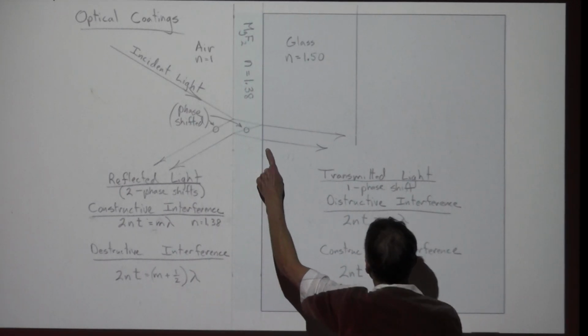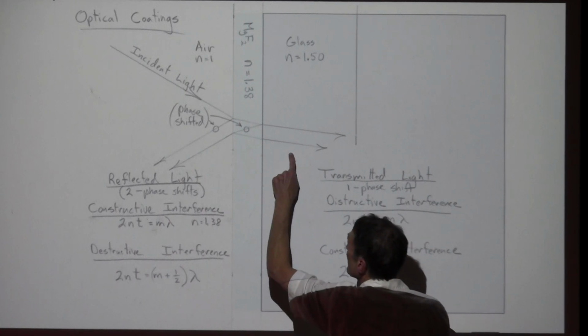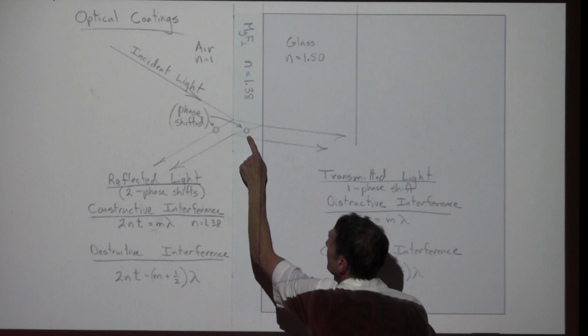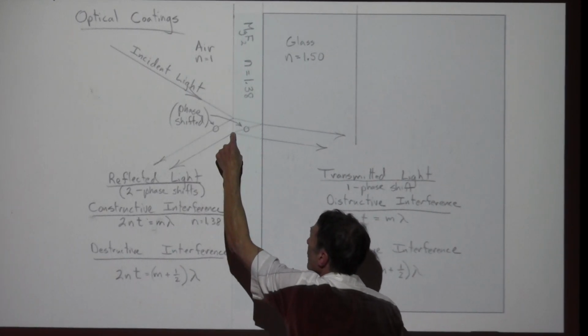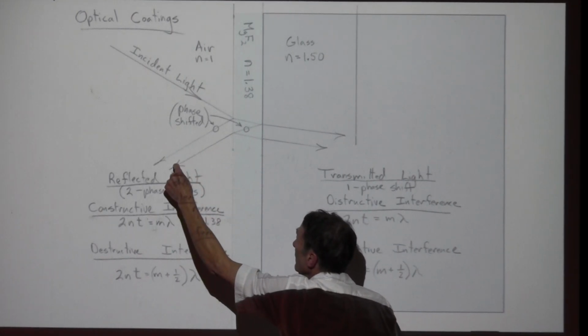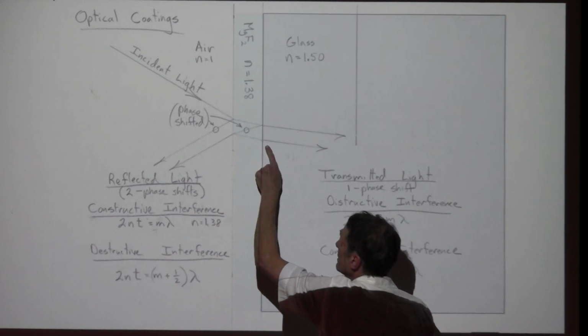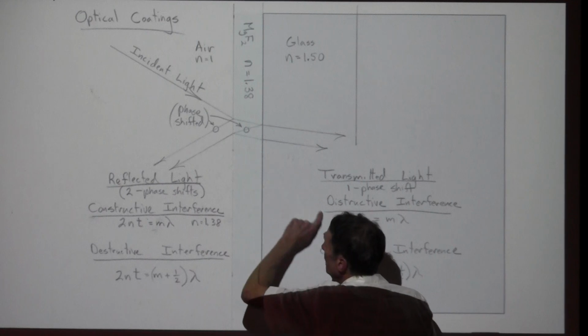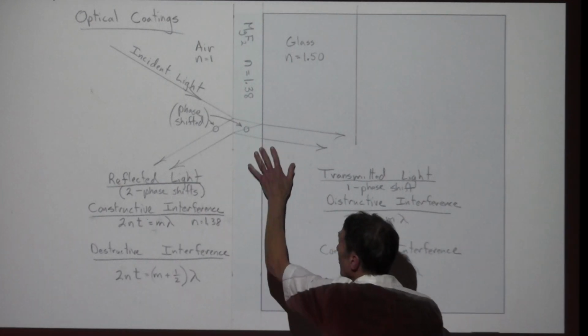This is 1.38, this is 1.5, so this is a higher index. There's going to be another phase shift on this one, and it's going to go on through, and it will transmit as well as reflect. This reflection will not have a phase shift, but anyway, this goes on and on.